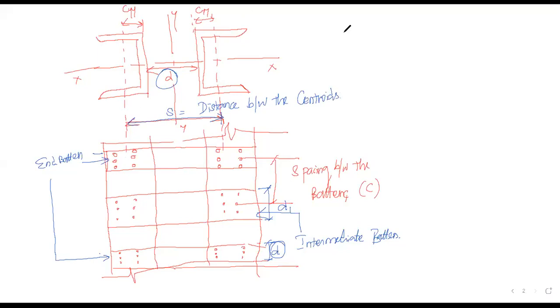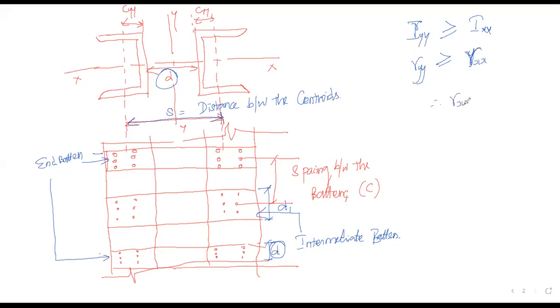And as usual, for a compression member, if we have some gap between the members, then the IYY value is greater than or equal to IXX, and similarly the RYY value should be greater than or equal to RXX.